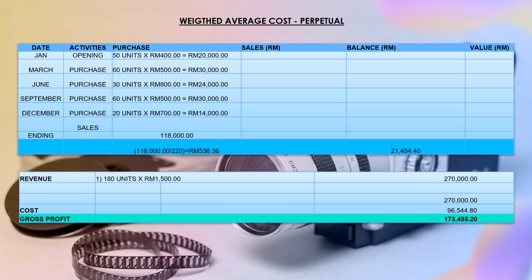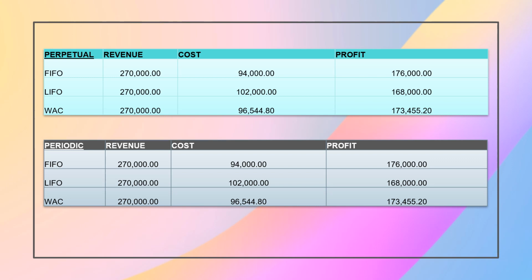The cost here is 118,000 divided by the units available for sale, which is 220 units, equal to RM536.36, and the gross profit for weighted average cost in periodic is 173,455.20. So here is the profit for FIFO, LIFO, and WAC in perpetual and periodic.